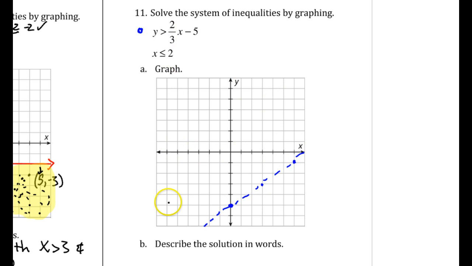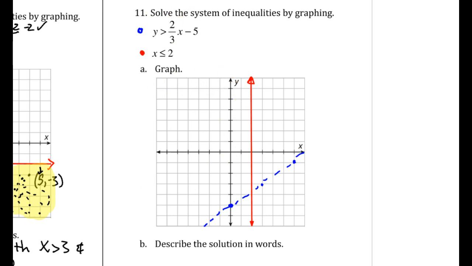That's shaded above. So definitely nothing will be shaded below. There'll be something up here. All right. And x, once again, you got to know that's a vertical line at 2. And this is less than or equal to, so that's everything to the left. So what is above the blue line and left of the red line? Okay, that's all of this right here.